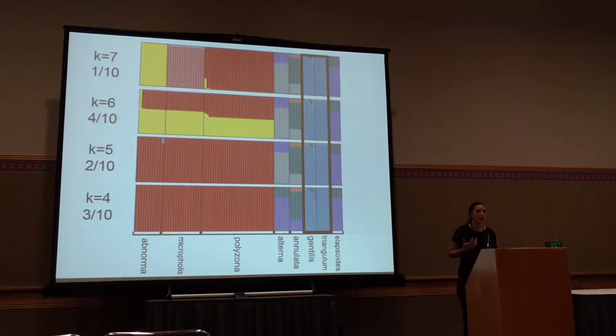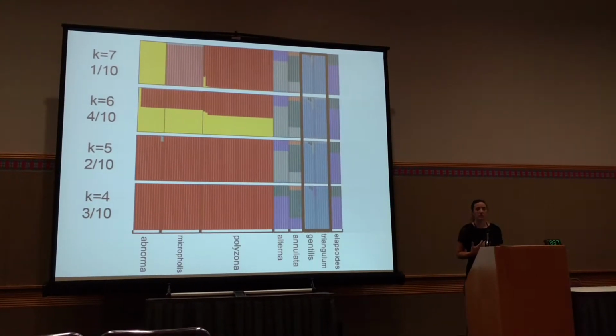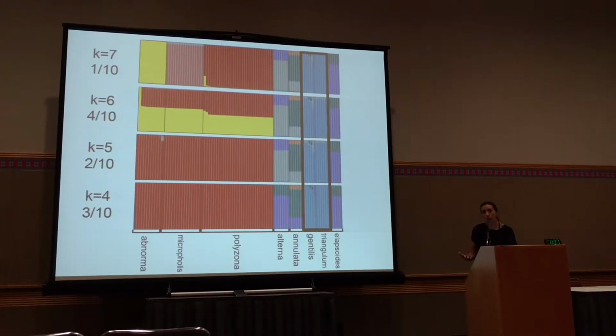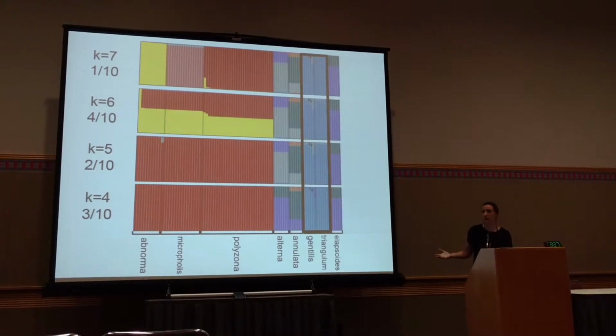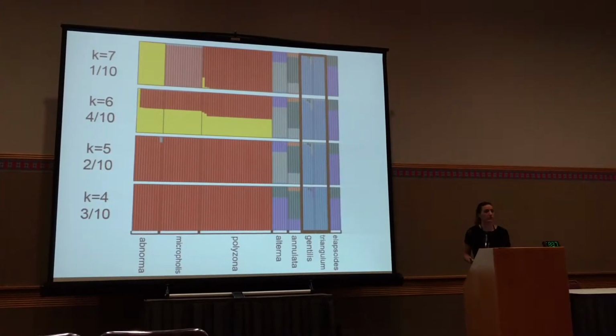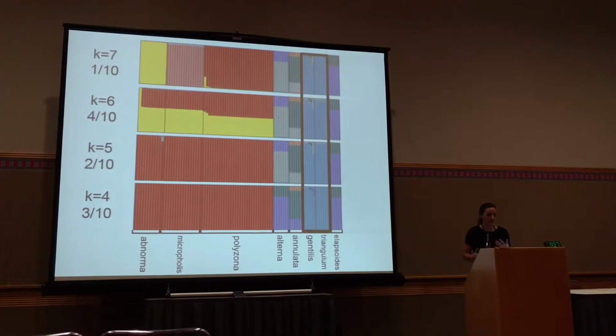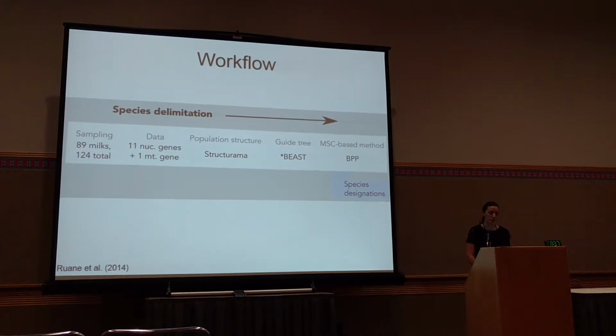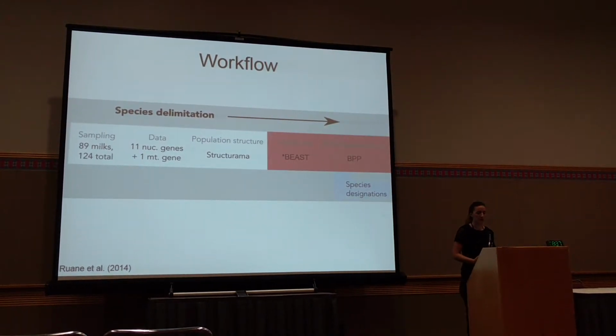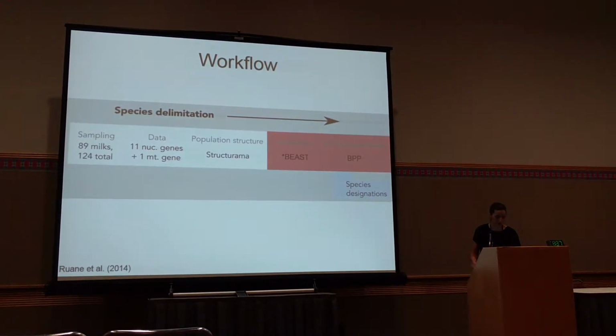So this really goes to show that some of these population structure methods, like Structurama, are of course dependent on the samples that you're inputting. And we were getting pretty different results, especially in this case where the results weren't converging, depending on the samples that we were inputting.